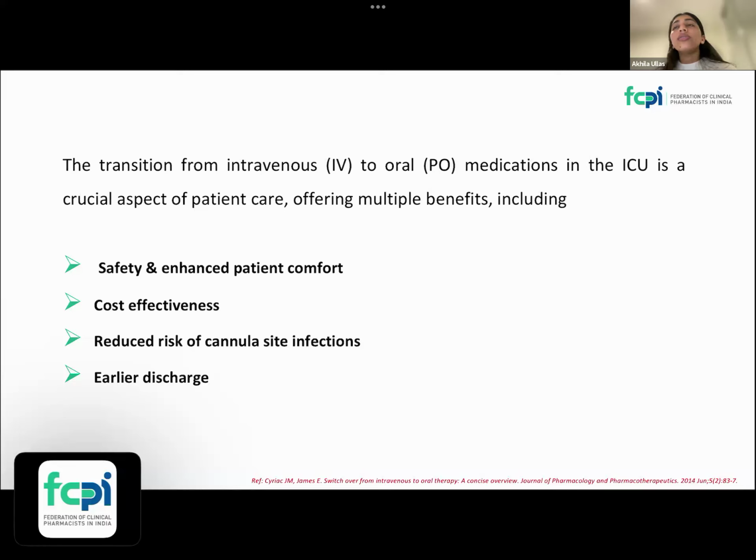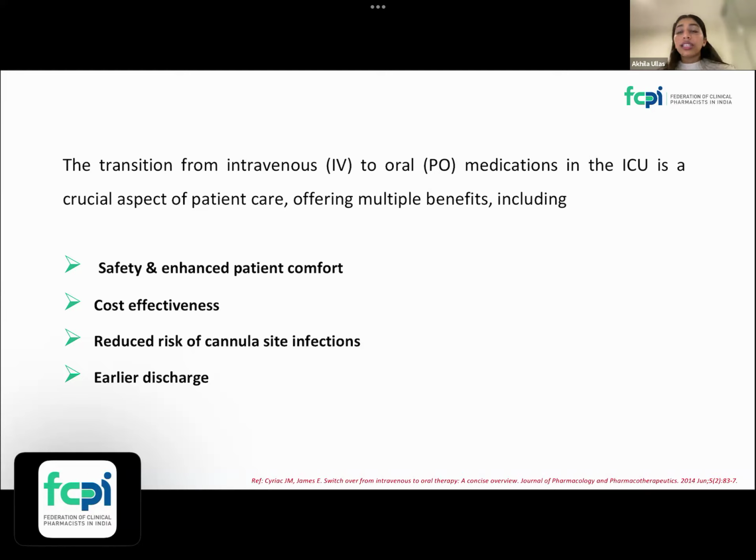See, why do we need to switch from IV to oral? There are advantages for the patient, so safety issues won't be there. The patient will be more comfortable with the oral formulation. There is no IV cannulation pain, and no infection-related risk factors.